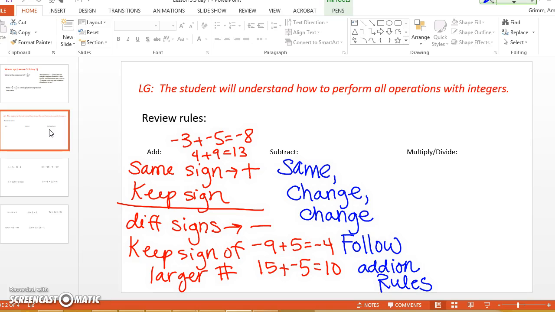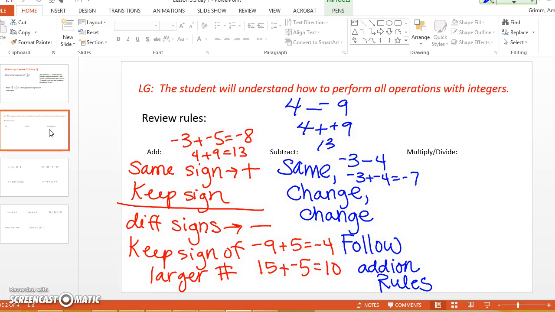So that's what I really need on my subtraction. And then, of course, I should have some examples, like 4 minus -9 would become 4 plus +9. That would be a good one. I could have an example like -3 minus 4, and that would change to -3 plus -4 to get -7. So I would want some examples in there to help me with that.